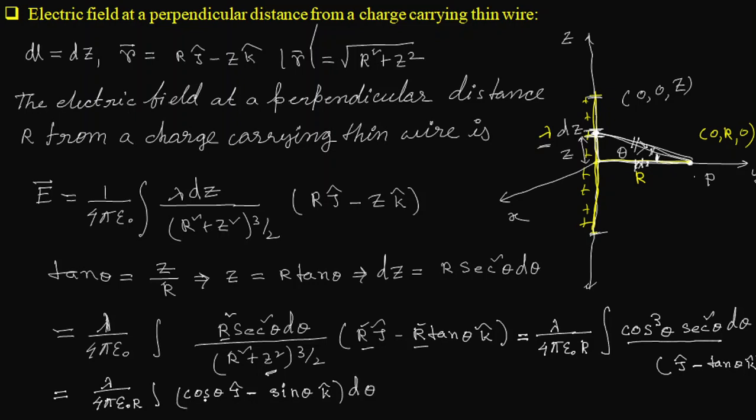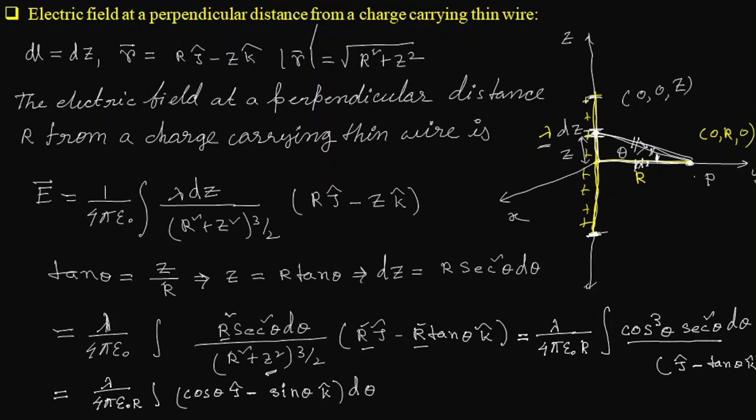Okay, so now all the variables we have written in terms of theta. So we have to put the limit of this theta now. Basically, if we want to calculate at this point because of this whole length, then you have to integrate from this point to this point. That means you have to put the value of z from here to here.